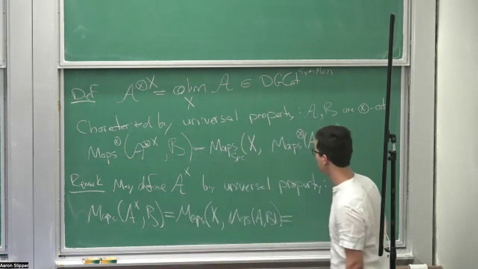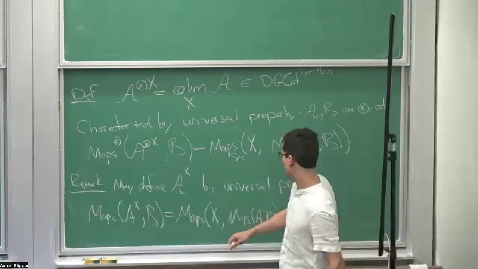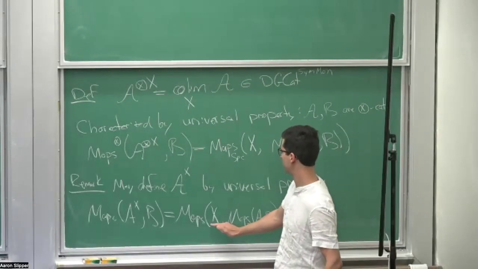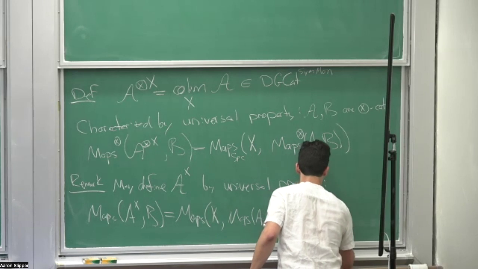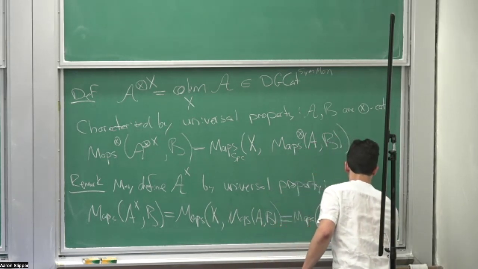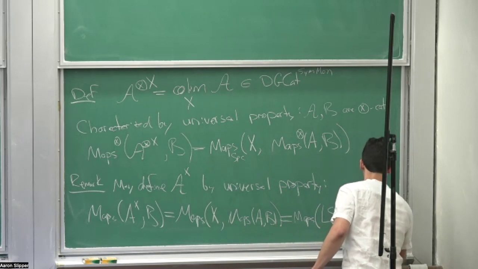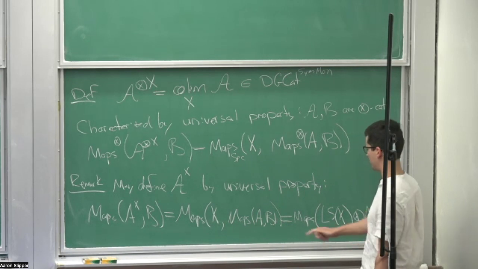And you can rewrite this space as maps from A tensor... well, okay, let me do one more step. So there are two steps here.